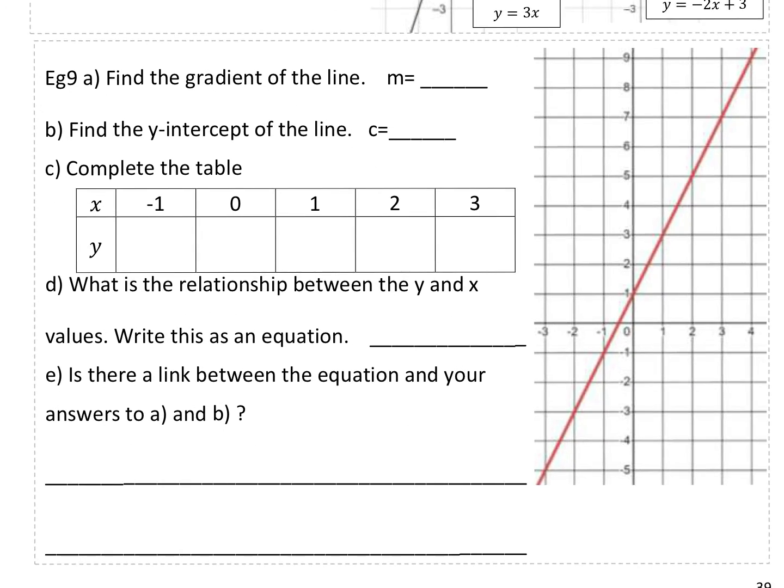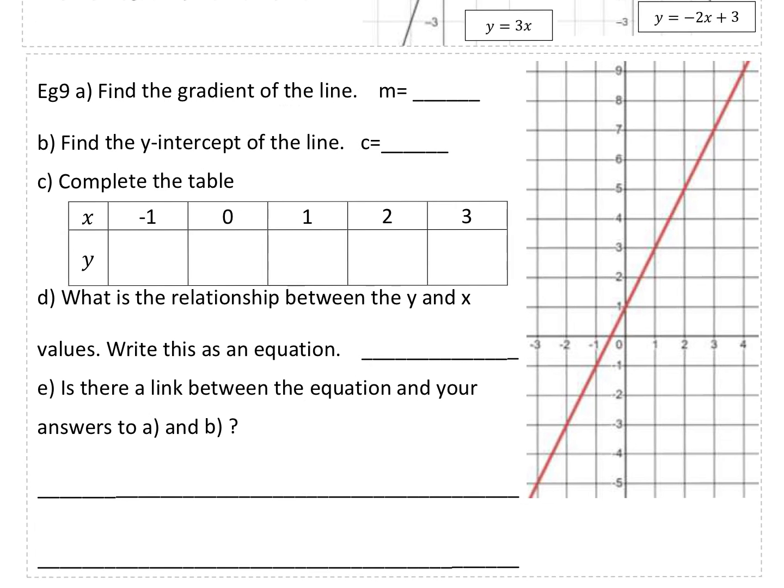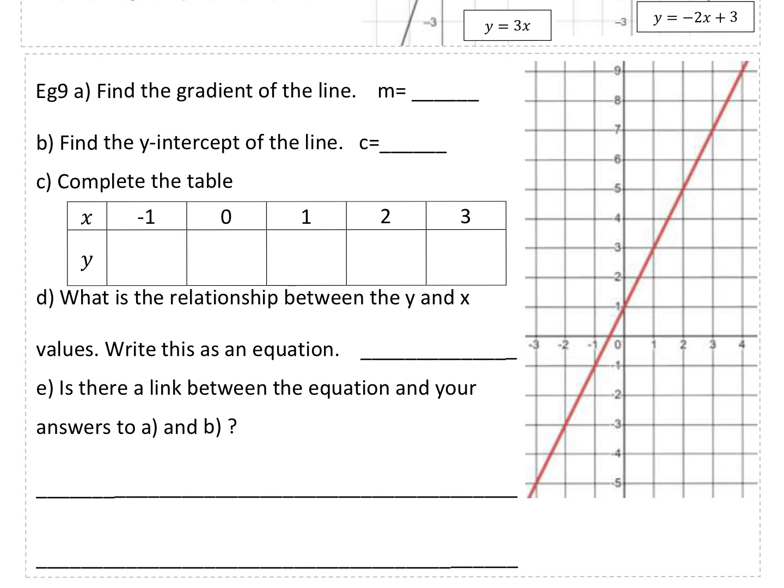Example 9. Find the gradient of the line. So to find the gradient, we pick 2 points on the line. I'm going to pick this point here, 0, 1, and this point here, 2, 5. Draw a right angle triangle from those 2 points. The change in the y values goes from 5 down to 1, or 1 up to 5, I should say.